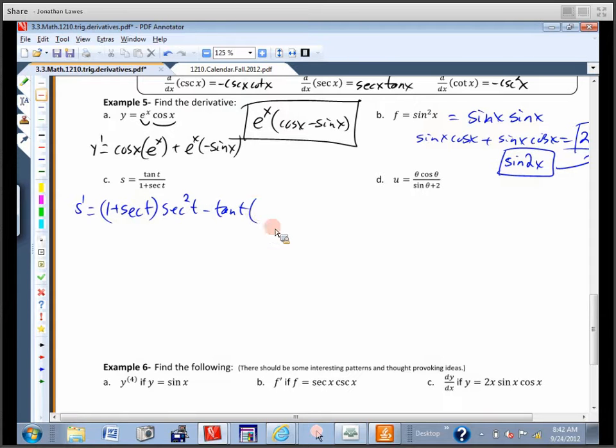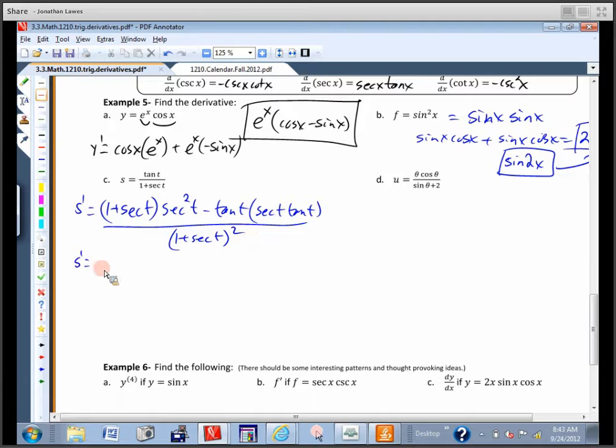Derivative of 1 is 0, derivative of secant. Let's see, derivative of secant, got to get that memorized for right now. Look up above. Derivative of secant is secant tangent, all over 1 plus secant t quantity squared. Okay, are there any questions?